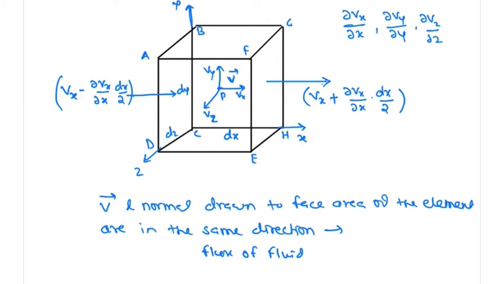But if the vector point function and the normal drawn to the face area are opposite in direction, then the flux is taken to be negative.